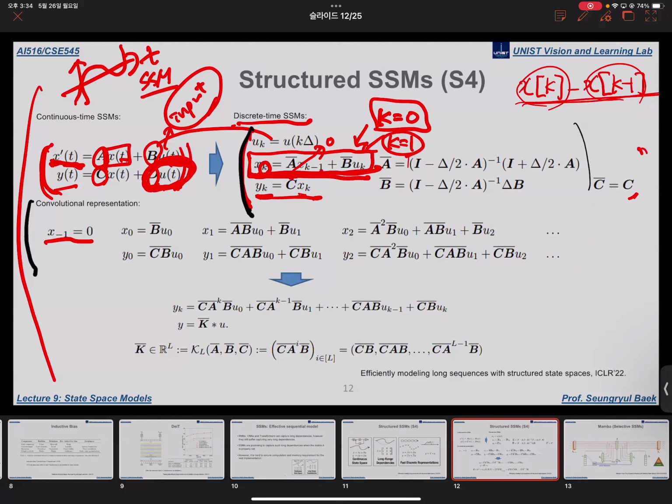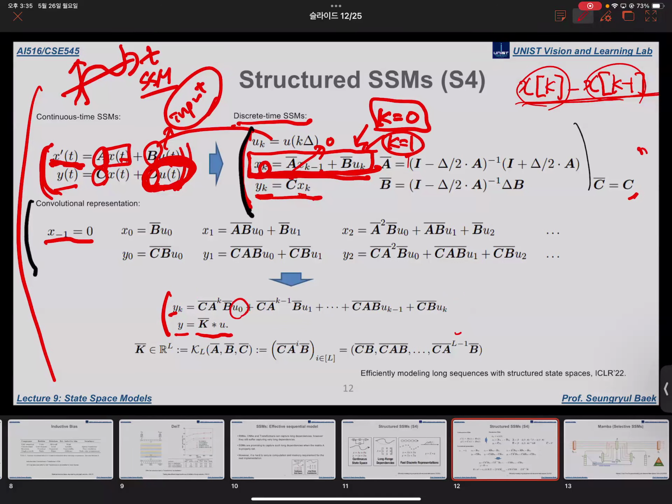And you can actually have this kind of general solution for y_k. And this formula can be simplified as a convolution operation like this.